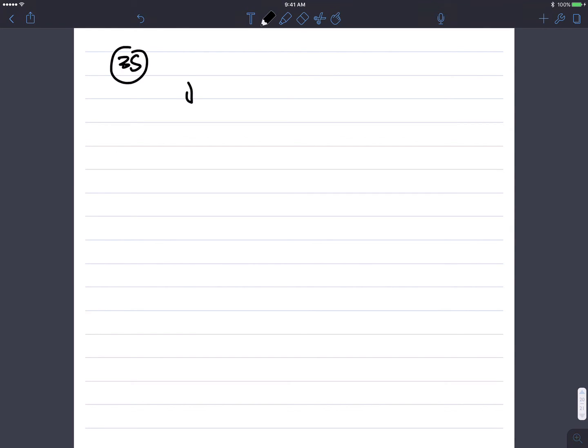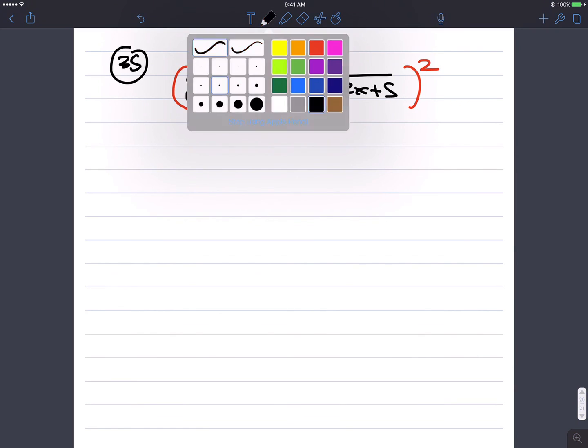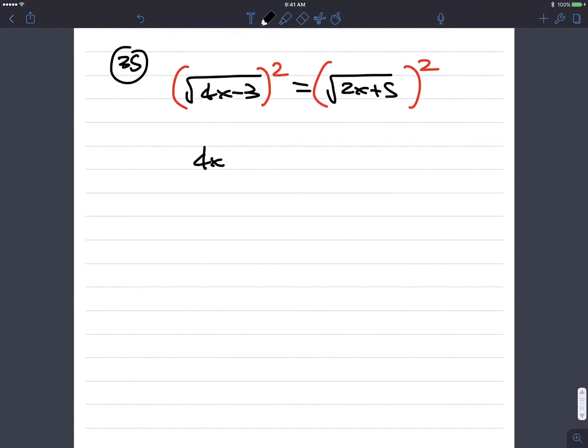35. The square root of 4x minus 3 equals the square root of 2x plus 5. Going to square both sides. We get 4x minus 3 becomes 2x plus 5. Again, a nice linear equation.